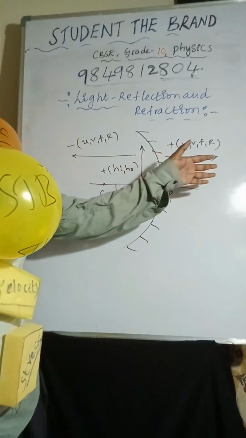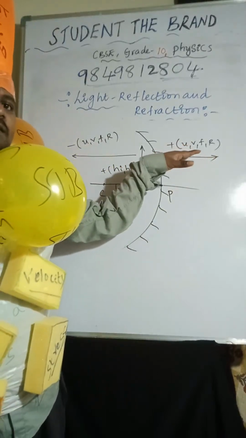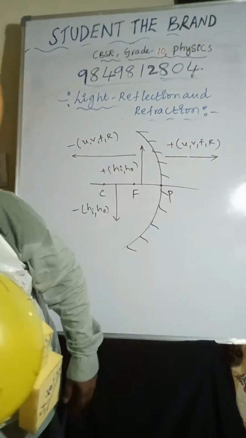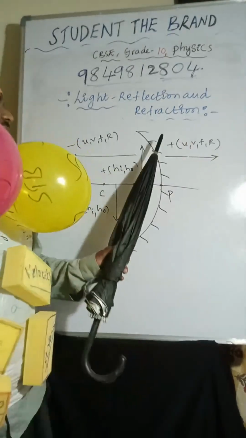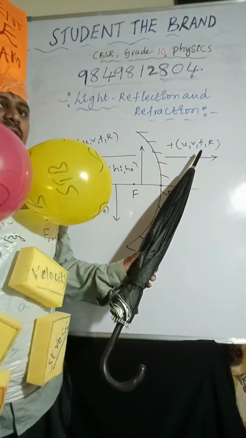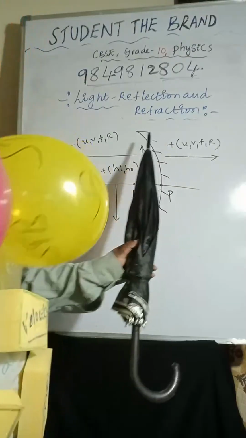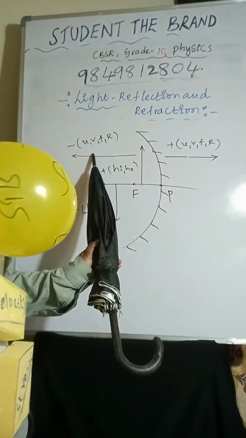In the direction of incident rays, all are positive: object distance, image distance, focal length, radius of curvature, all are positive. Opposite to incident rays, all are negative.